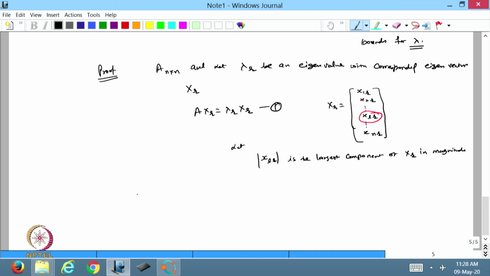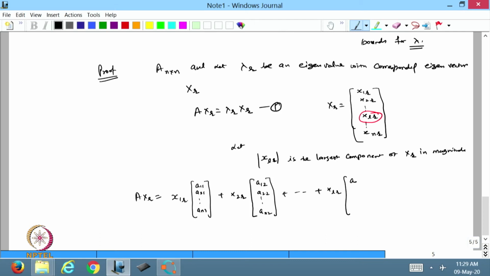So, I can write A x r as x 1 r times the first column of the matrix, that is A 11, A 21 up to A n 1, plus x 2 r times A 12, A 22 up to A n 2, and so on. Then x l r times A 1 l, A 2 l up to A n l, because L is the largest component we have taken, and in the end x n r times A 1 n, A 2 n up to A n n.